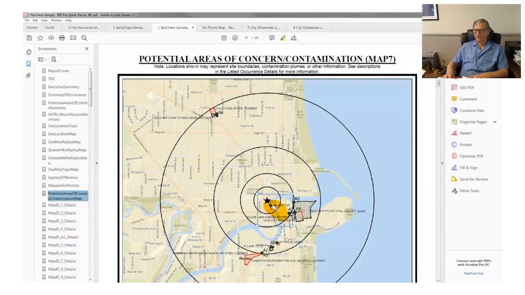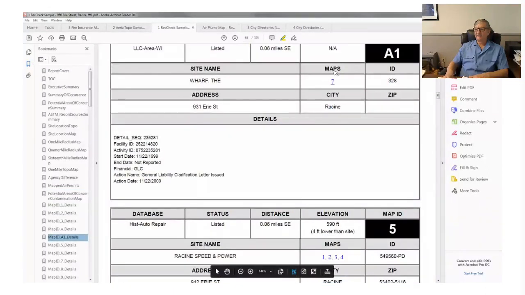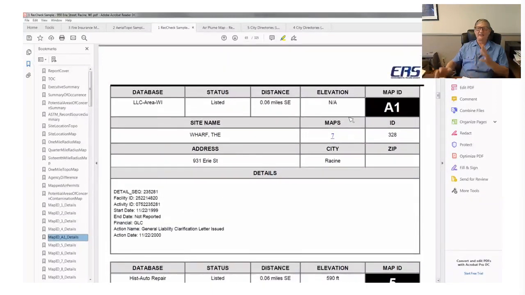So the wharf right there, right next to our site. And again, it doesn't state the elevation of the area, because it's kind of a funny thing. That's in the groundwater, whereas usually the elevation comes from the address, the location, or the geocoding. So anyway, it's right next door.